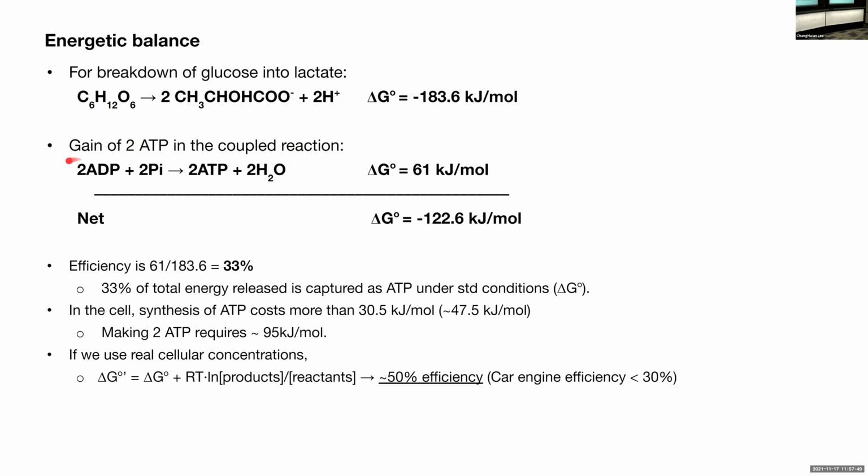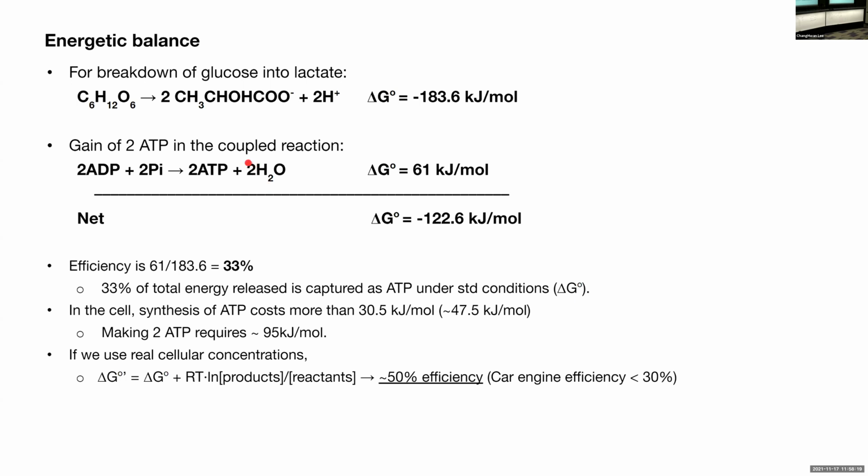And this process is coupled with the gain of 2 ATP, where 2 ADP react with 2 inorganic phosphate to generate 2 ATP and 2 water molecules, which requires energy. So delta G is a positive value, and that's what you want, right? After the glycolysis, what you want to do is generate energy.